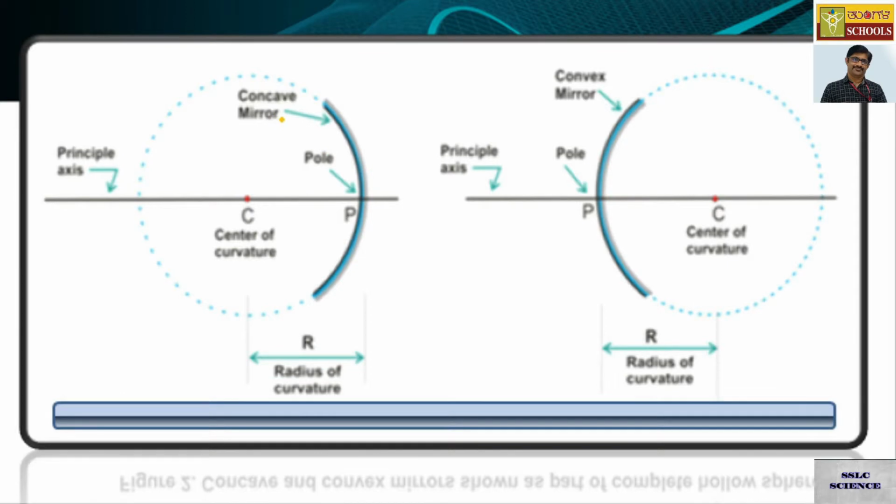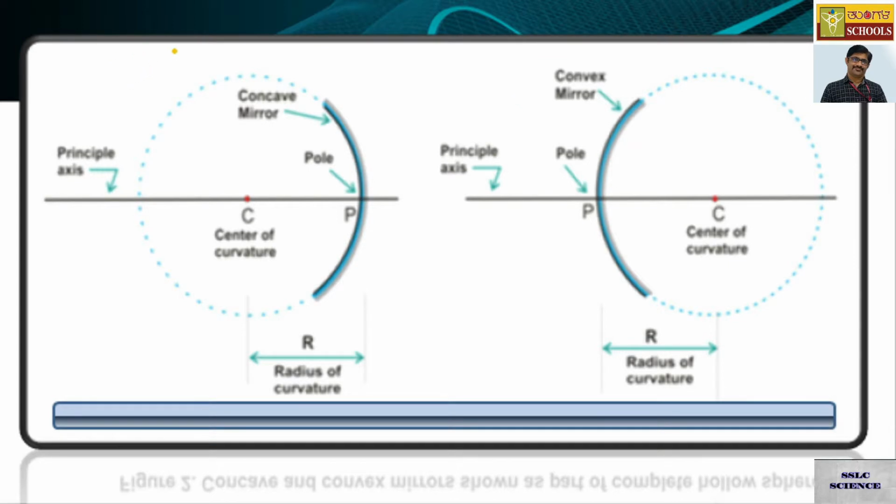So in concave mirrors, the light rays hit the surface and converge, and hence they are called convergent mirrors. A convex mirror is the mirror in which the inner side is painted and the outer surface is left out for reflection, and hence it diverges the rays of light, and hence they are called divergent mirrors too.